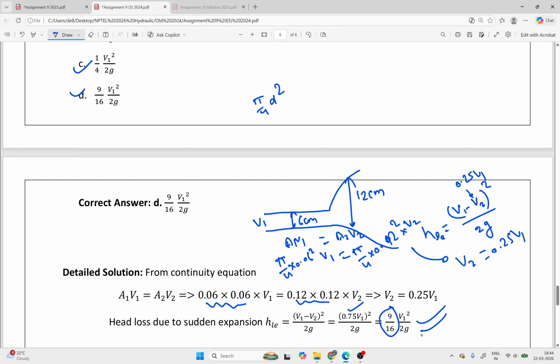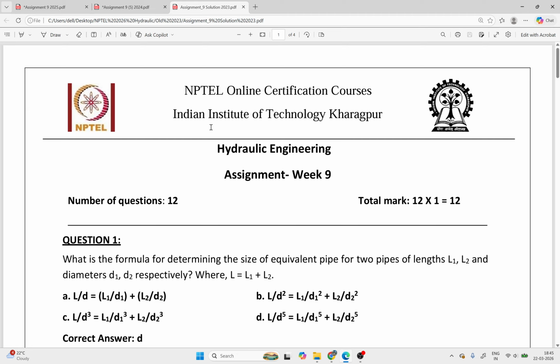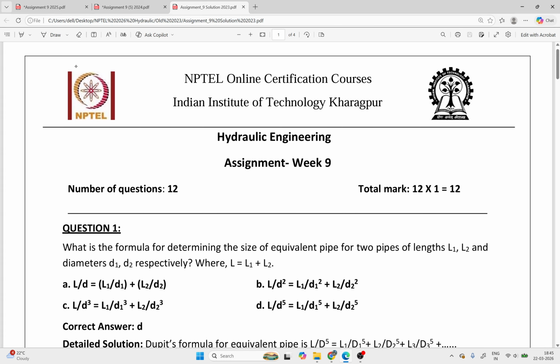Very easy, you just have to apply two things here: one is the continuity equation, and another you need to remember the formula. That's it. Now we have another set of questions. I think this is an assignment from 2023.